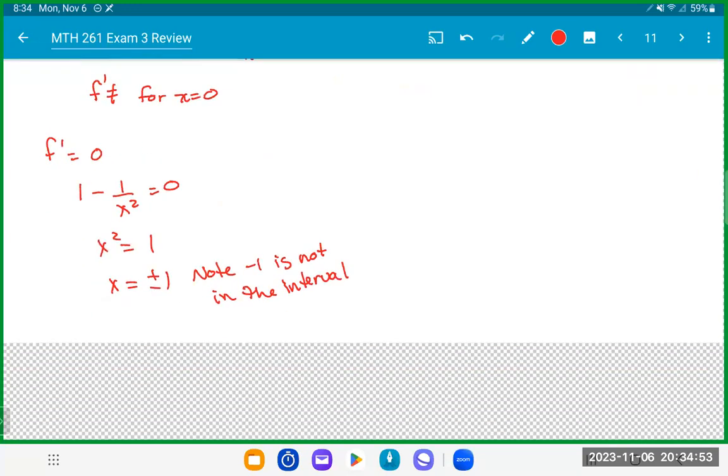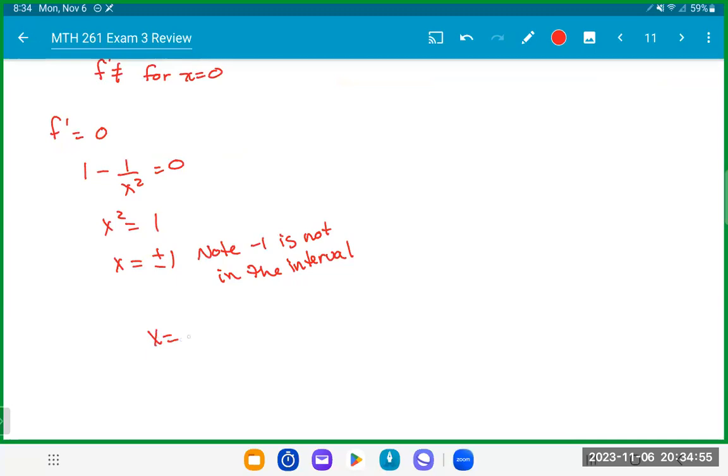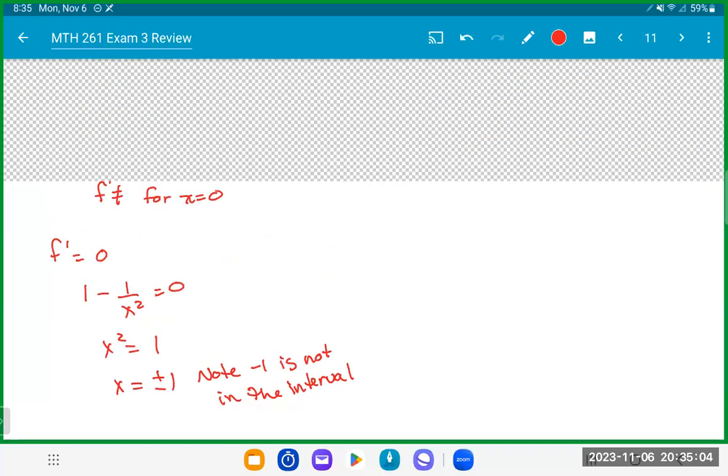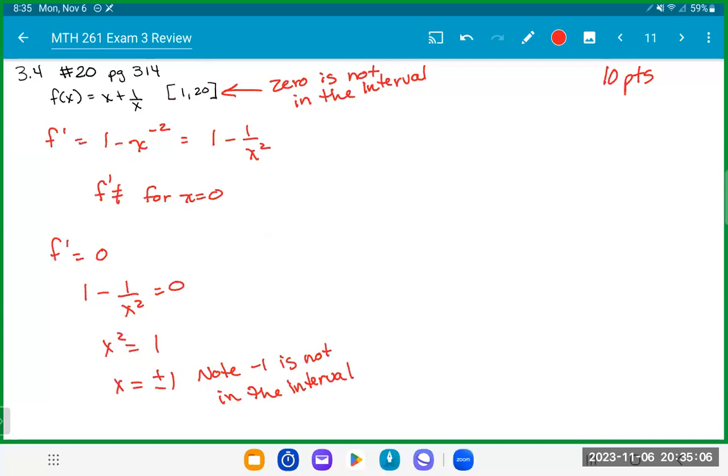So the only critical point that we're going to look at here is x equal to 1. Okay, and that happens to be one of our endpoints because remember that was 1 to 20. Okay, any questions so far?